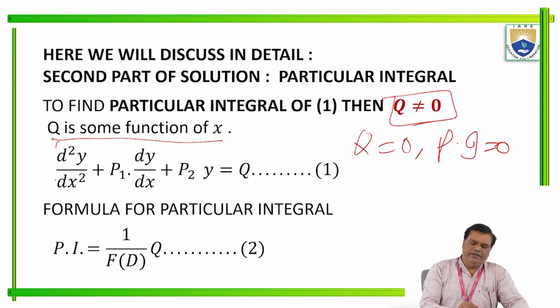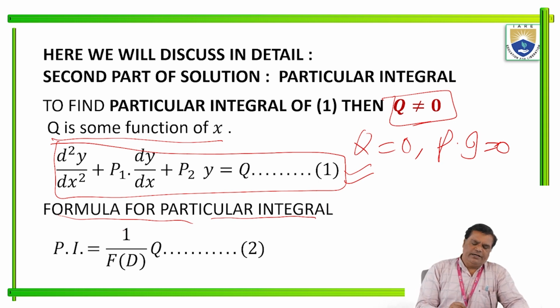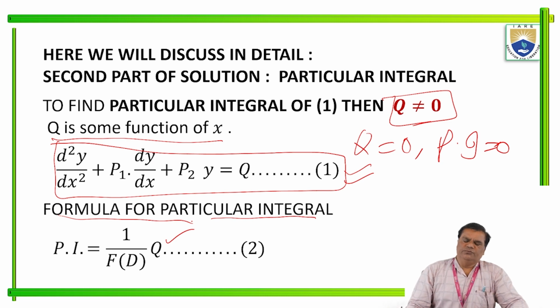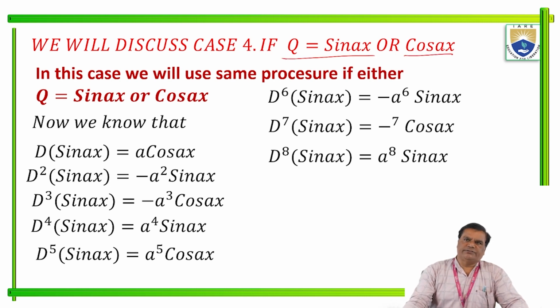I am writing one general linear differential equation of second order. Here the formula for particular integral is 1 upon f(D) into q. This is equation 2. We will discuss case 4, where q is sin ax or cos ax, a trigonometrical function.